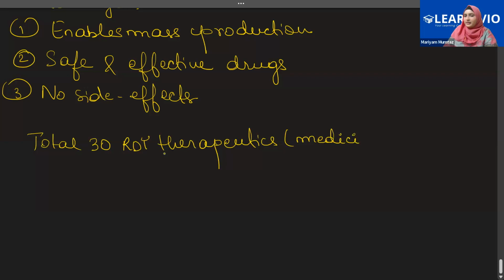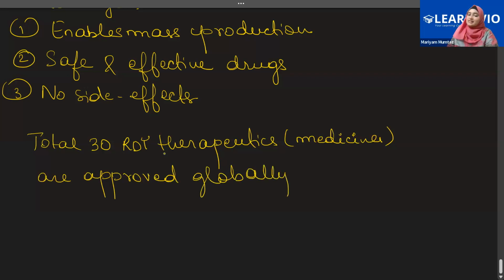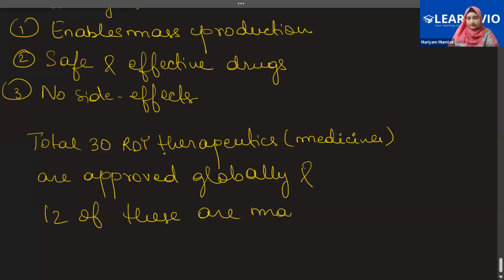Now, medicine could be injections or anything of that sort. So these are approved globally. Okay, it is approved globally, meaning it is safe for human use. And 12 of these are marketed in India, meaning presently being marketed.